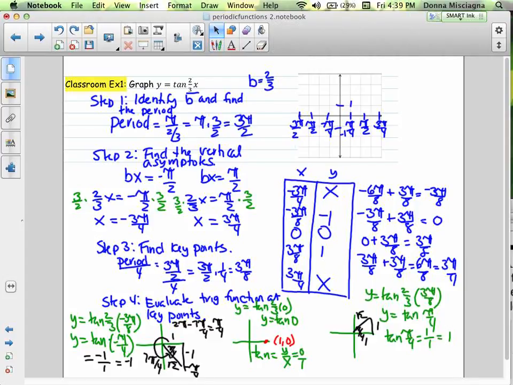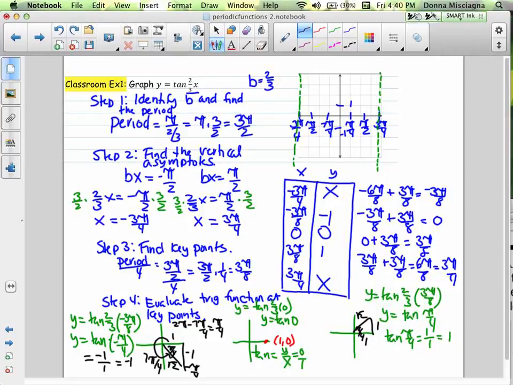Let's graph our vertical asymptotes. We have a vertical asymptote at, whoops, one of these numbers has the wrong denominator. We have a vertical asymptote at negative 3 pi fourths, and we have one at 3 pi fourths. And then we have 3 values to graph.